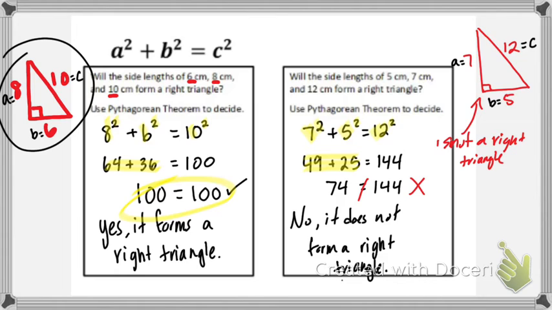So we can say that we use the Pythagorean theorem to prove that this is a right triangle. On the other one, they did not equal each other. So the statement was false. And so since the statement was false, this triangle is not a 90-degree right triangle.